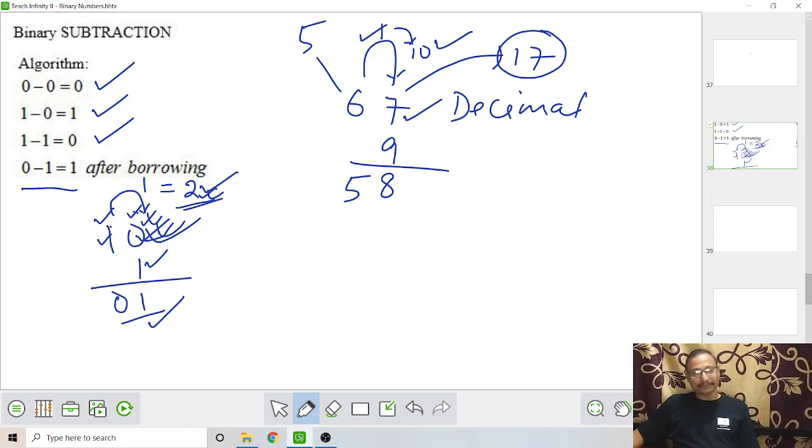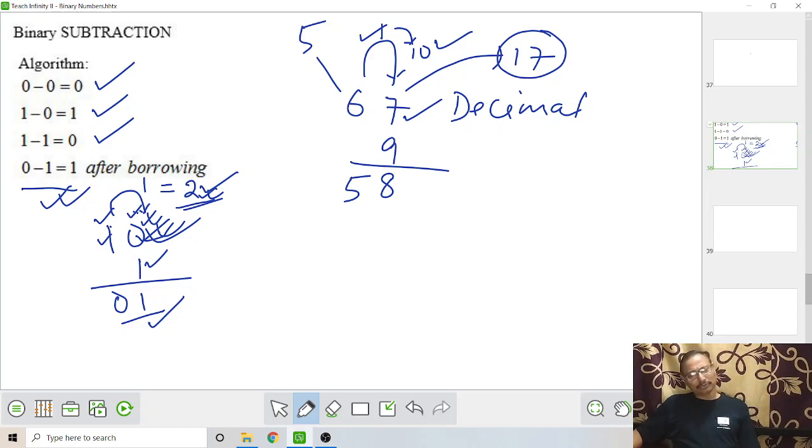So simply we can take it as an algorithm that whenever 1 is subtracted from 0, we should write 1, and we should subtract 1 from its previous digit, that is the left digit, as the borrowing digit.